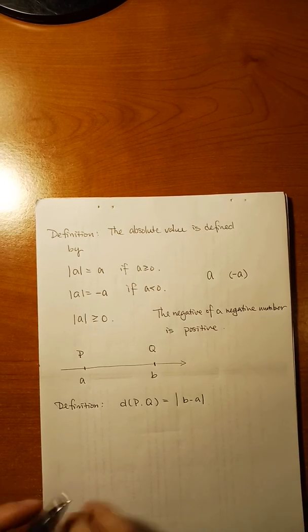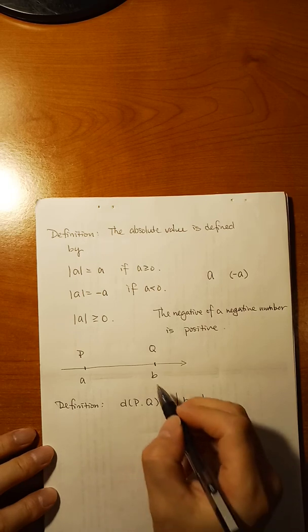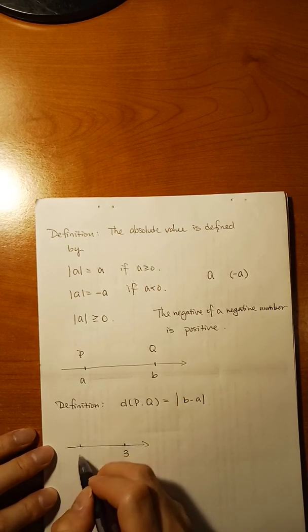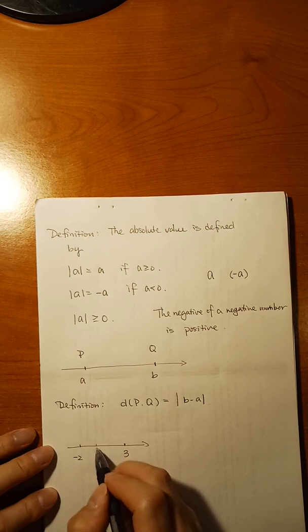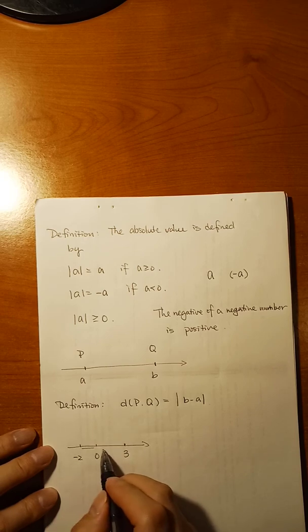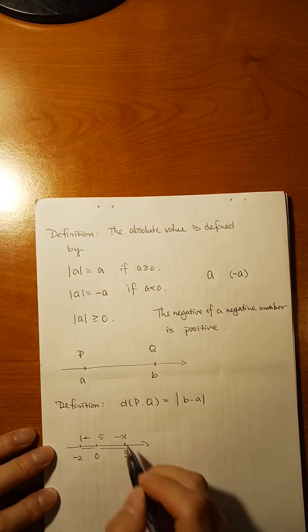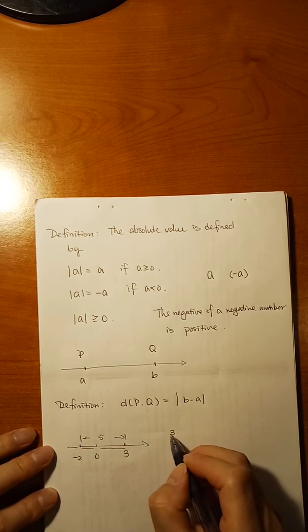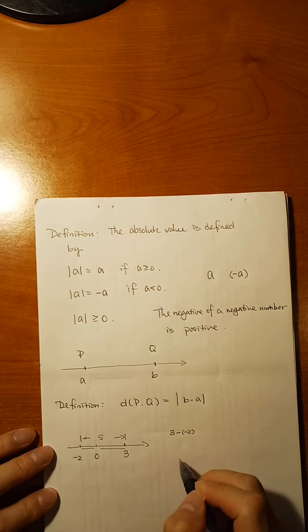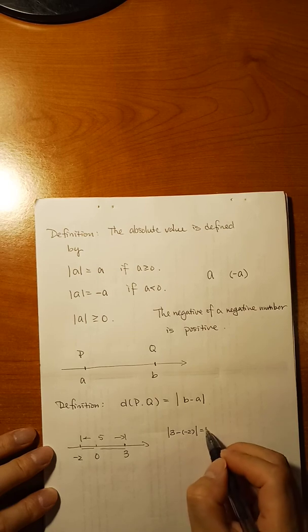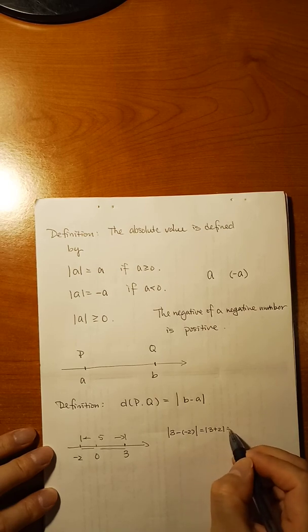Okay, so you check that. For example, here's 3, here's 2. Remember, zero is between them. So here 2 units, here 3 units, so the total is 5 units. And if you get 3 minus negative 2, that is 3 plus 2, it's 5.